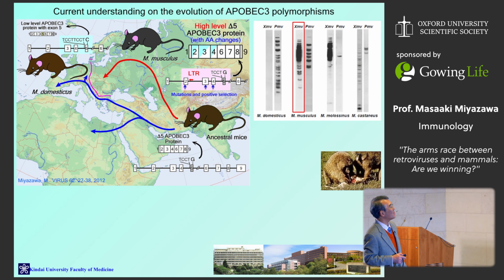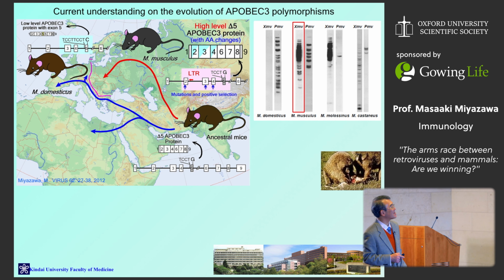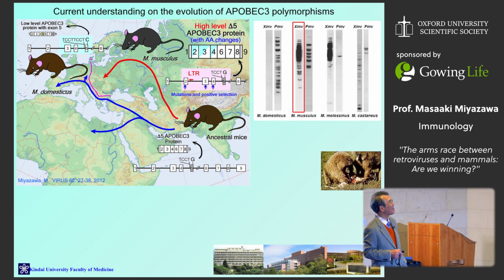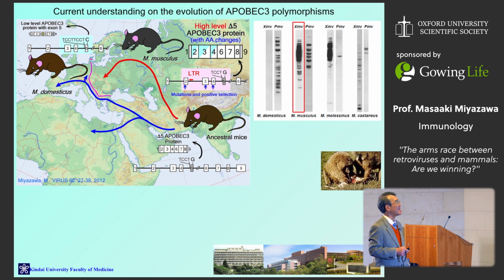And when we tested the presence of endogenous XMV, xenotropic virus, what we found was that those that migrated through the east coast of the Caspian Sea contain large copy numbers of xenotropic virus. So ancient xenotropic virus infection caused the preservation of the highly expressed ApoBec3.